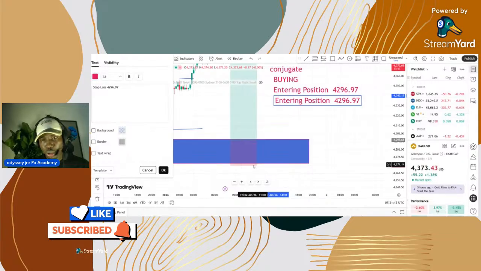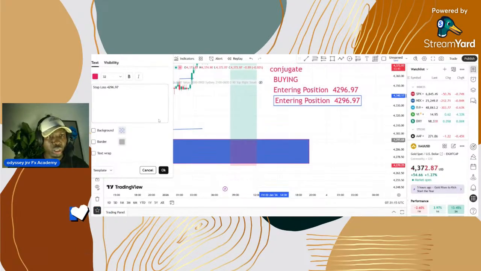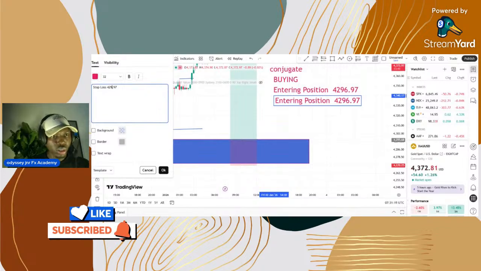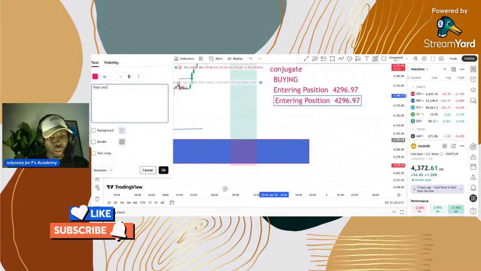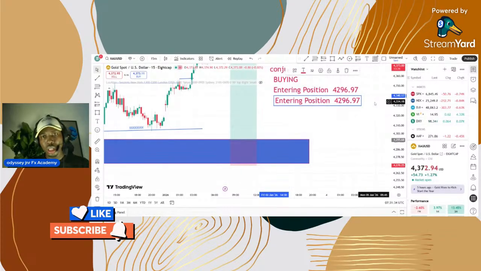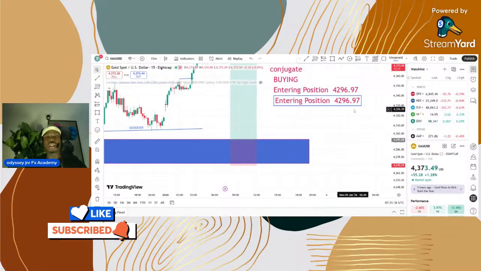Our stop loss will be 4271.14. That is our sell.